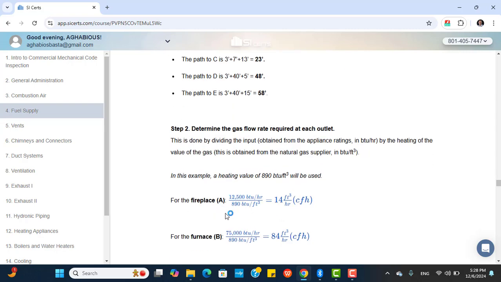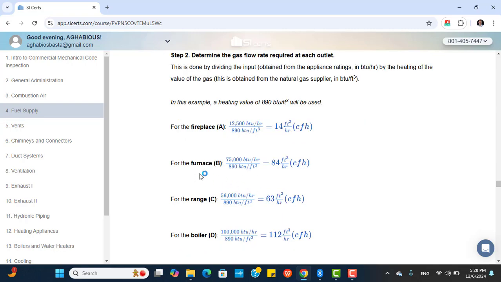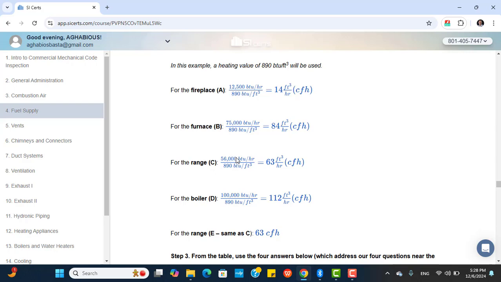For the fireplace, which is A, we will divide 12,500 BTU per hour by 890 BTU per cubic foot. It will equal 14 cubic feet per hour, CFH. The same for furnace B, we will divide 70,000 BTU per hour by 890 BTU per cubic foot. It will give 84, and the same for range C, and D and E.